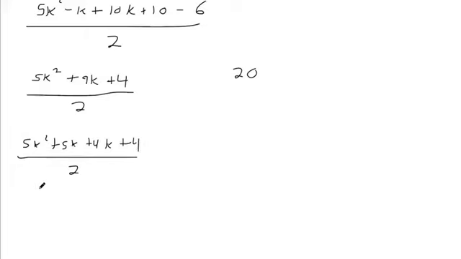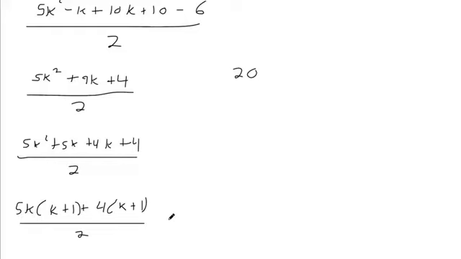So if you do that, you can take out a 5k in the first two terms. You can take out a 4 from the last two terms. And then the last step of factoring by grouping is that both terms have a k plus 1 term.